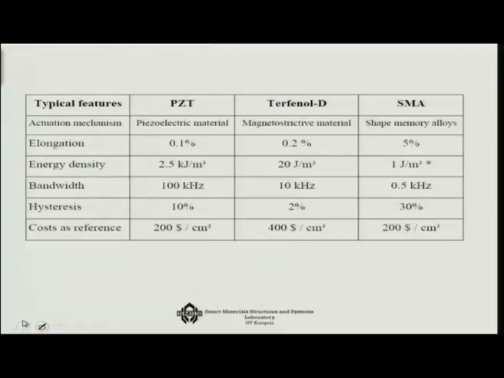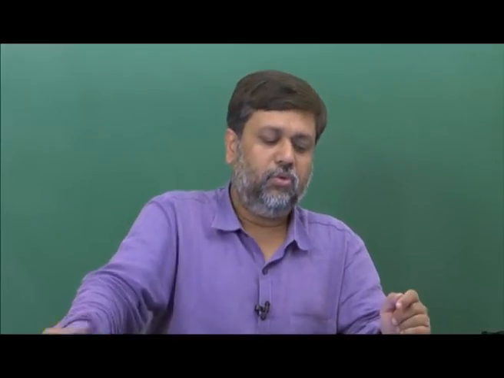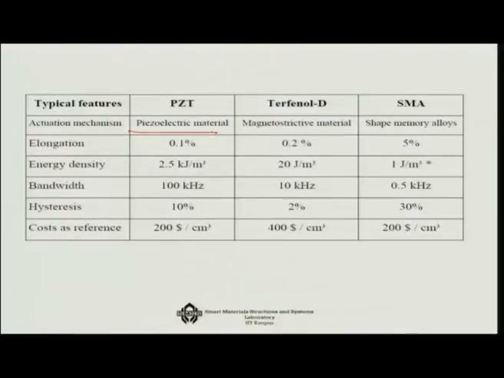Now, where are we in terms of the performance comparison between magnetostrictive material and shape memory alloys, etc.? For PZT, the actuation mechanism is piezoelectric actuation. Terfenol-D is a magnetostrictive material, so it is magnetostrictive actuation, and for SMA it is generally a thermally driven process. If you compare the elongation, you would see that Terfenol-D gives a medium performance, not as high as SMA, not as low as the piezoelectric material.